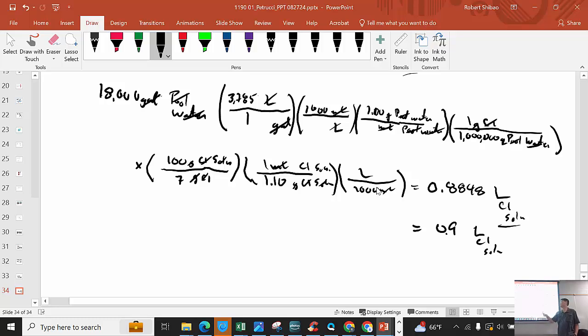And so the precision of our final answer reflects the uncertainty here. And so therefore, when we add our chlorinating solution to the swimming pool, we can compensate for that.